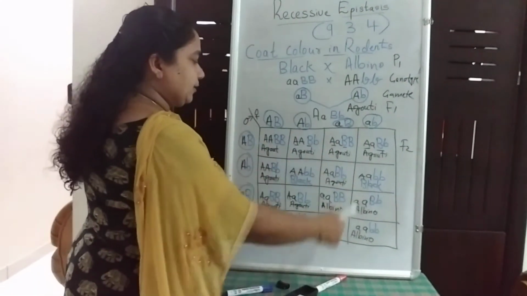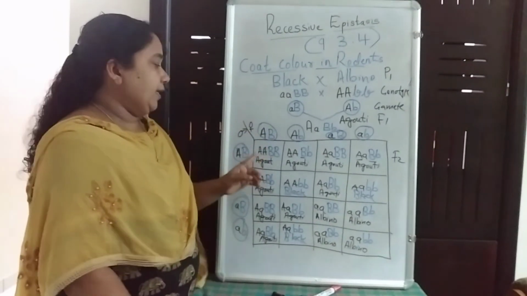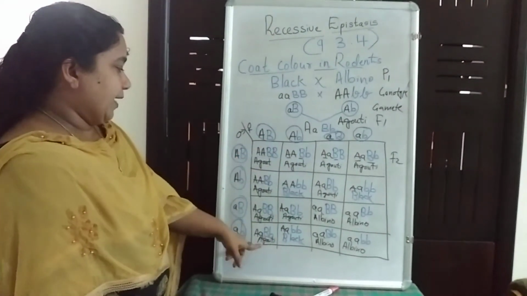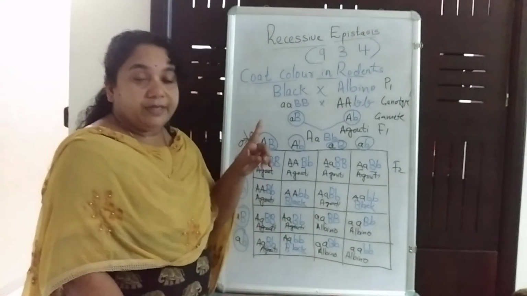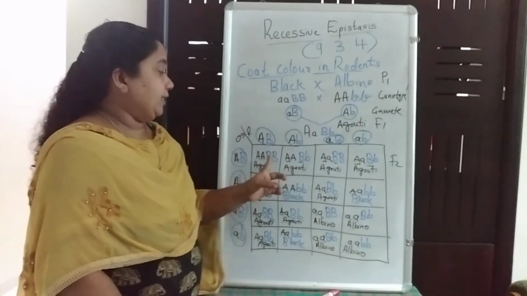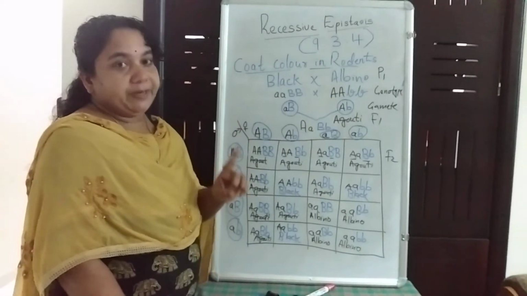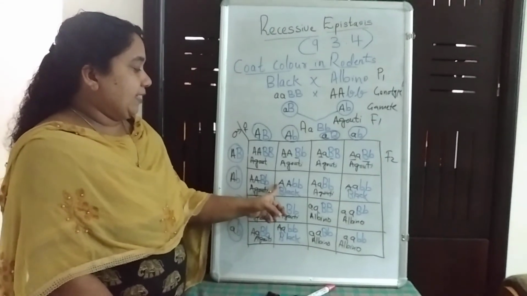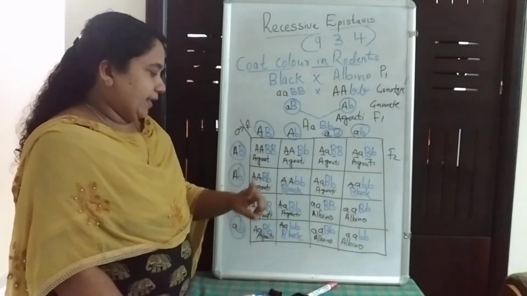So students, here we can conclude that if both genes are present in dominant state, the condition is agouti. If one of the genes is present in dominant case, if capital A is there and small b is there, then it will be black in color.